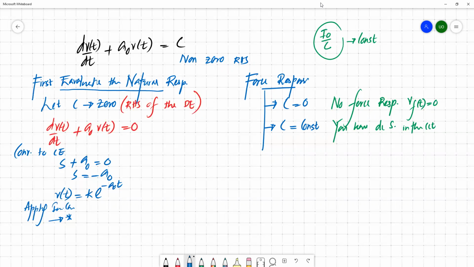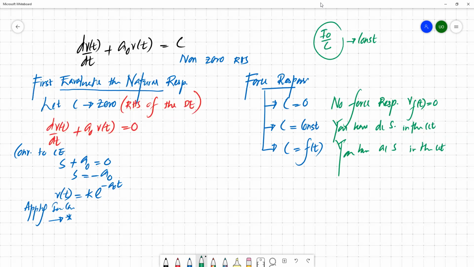Okay. So the third scenario, C is a time varying function. Then you have AC sources in the circuit. Got the point?